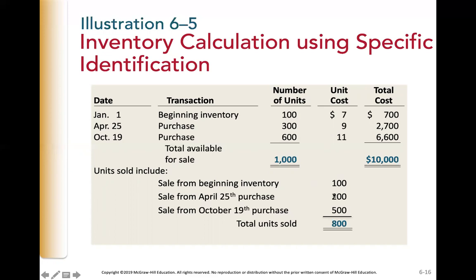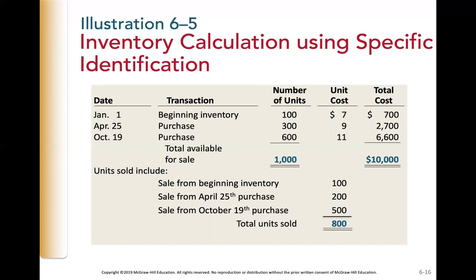However, on the April 25th purchase, we only sold 200 of the 300, so we have 100 left in ending inventory. The same thing happens on October 19th. We sold 500 of the 600, therefore we have 100 remaining in ending inventory.